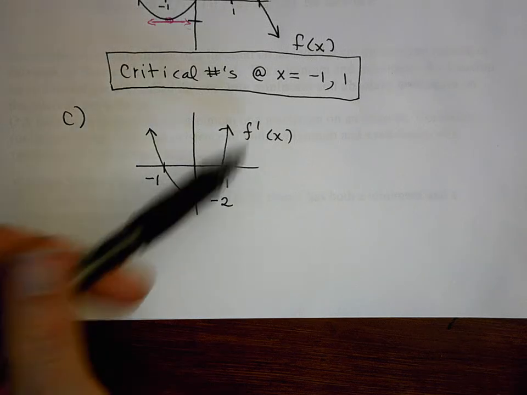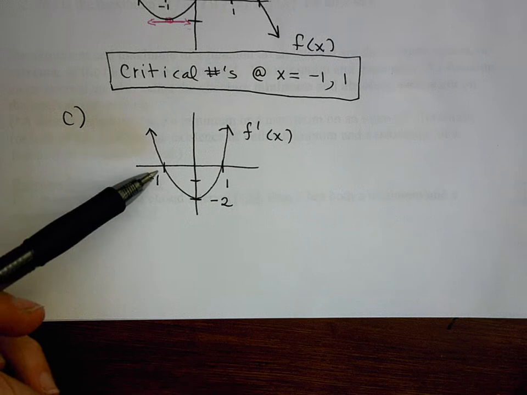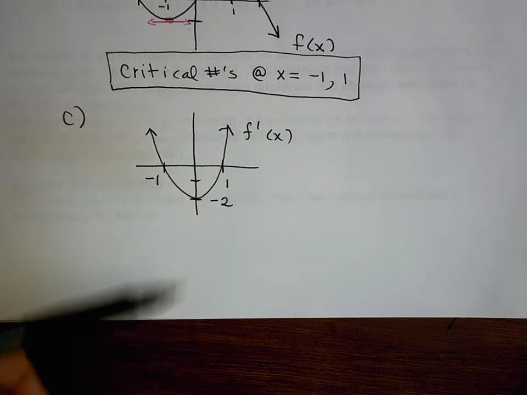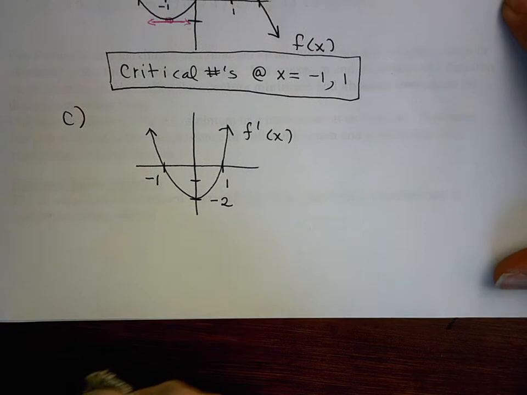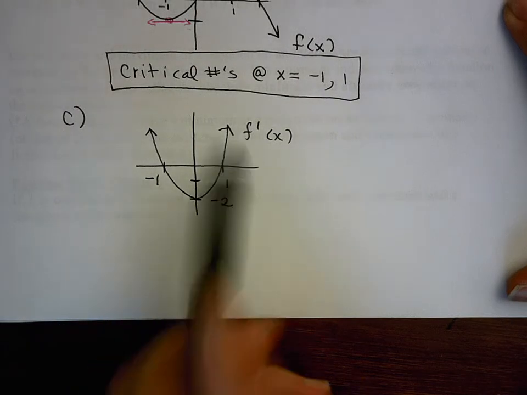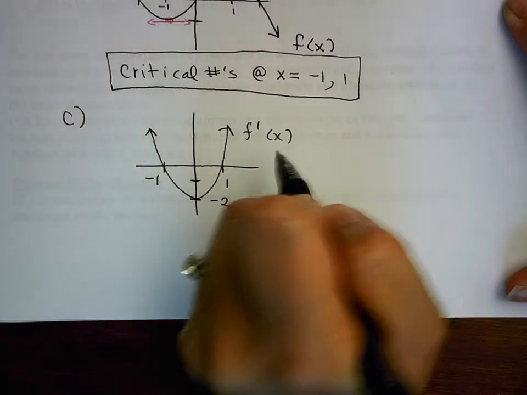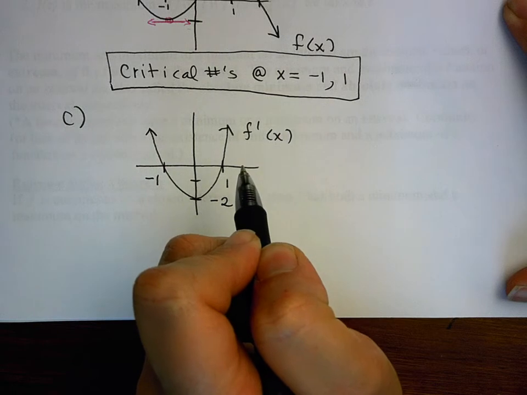So we have a parabola here, and then the x-intercepts are at -1 and 1, and then at -1, -2. So the directions are still the same. Find the critical numbers, okay? But now for this one, I want you to find them still for f of x. So what are the critical numbers for f of x?